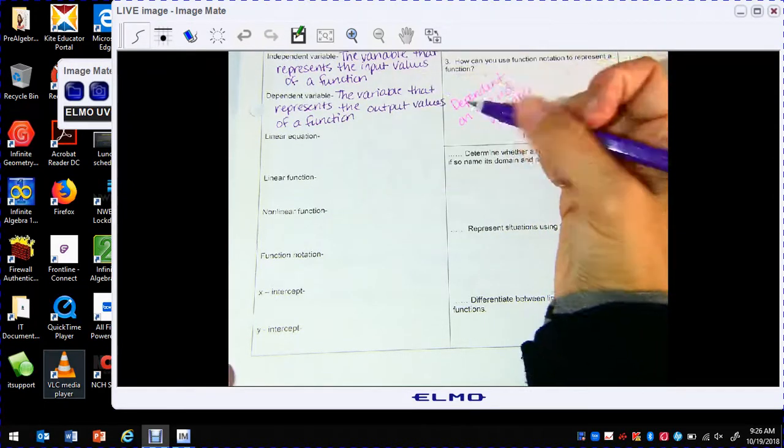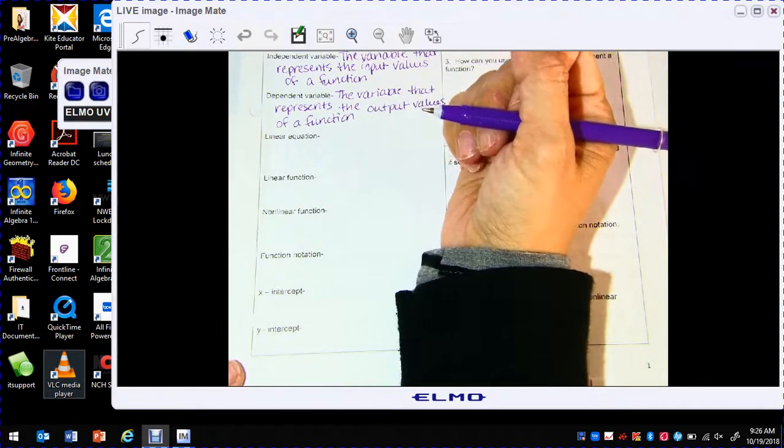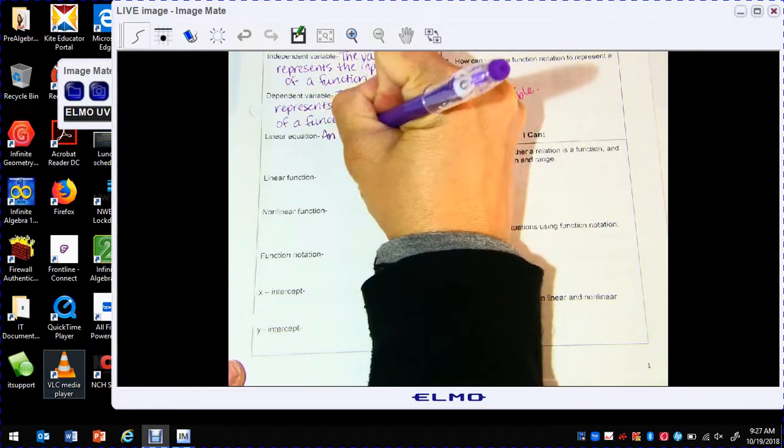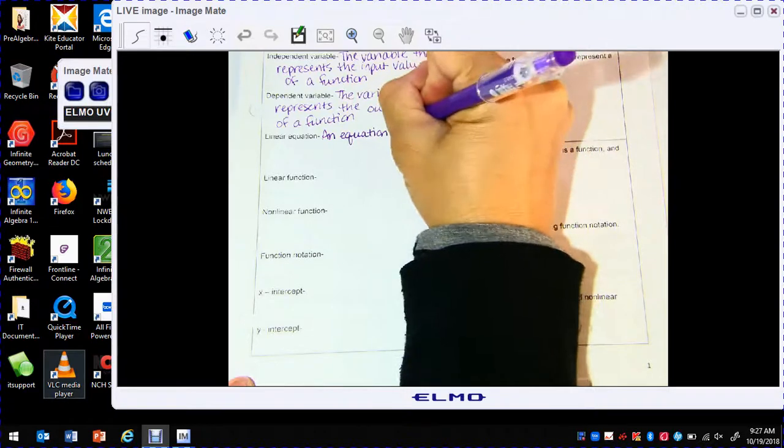So a linear equation is just an equation that can be written in the form y equals mx plus b. Okay? So it may not be in that form to begin with, but it can be rearranged so that it is in that format.